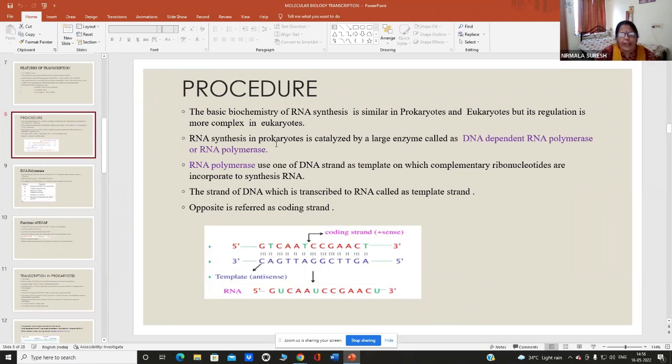RNA synthesis in prokaryotes is catalyzed by a single large enzyme called DNA-dependent RNA polymerase, which will do initiation, elongation, and termination. But in eukaryotes it is done by 3 different enzymes, 1, 2, and 3. Another difference: in prokaryotes, polycistronic mRNA; here, monocistronic mRNA.